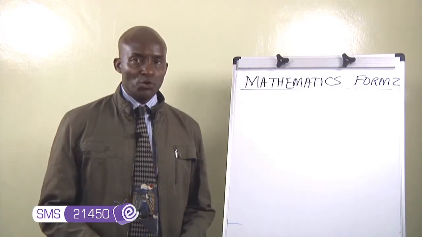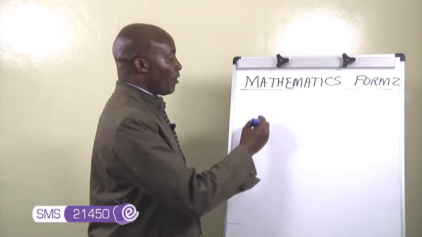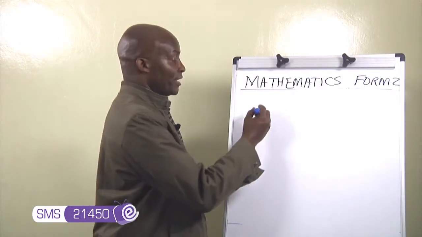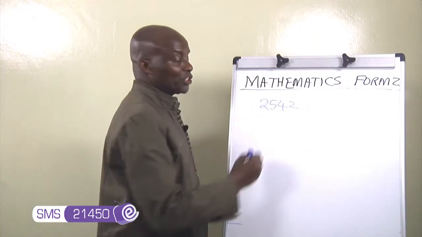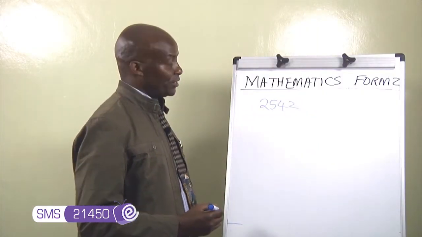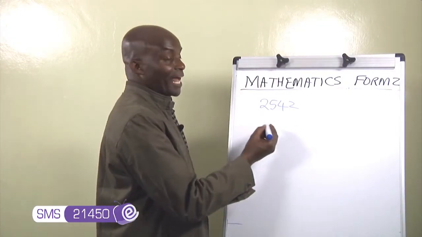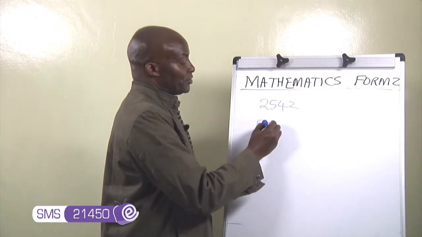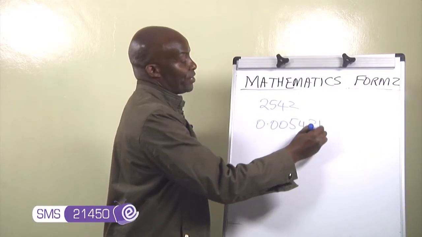And we saw how you can find the cube root of numbers that are greater than 1,000, e.g. 25,42 from the tables. And also how you can get cube roots of numbers that are less than 1, e.g. 0.005431.